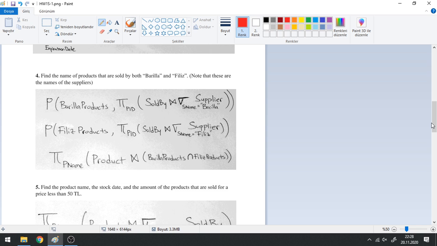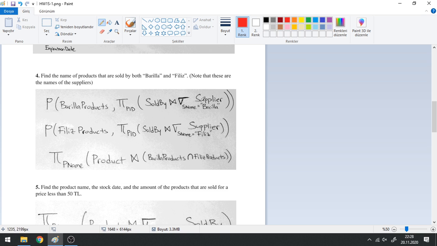For example, these are for pasta, right? And there could be different kinds of pasta. These different kinds of pasta are going to be our products actually. And some of these products are supplied by Barilla, some of them are supplied by Phyllis, and some of them are supplied by both these suppliers.